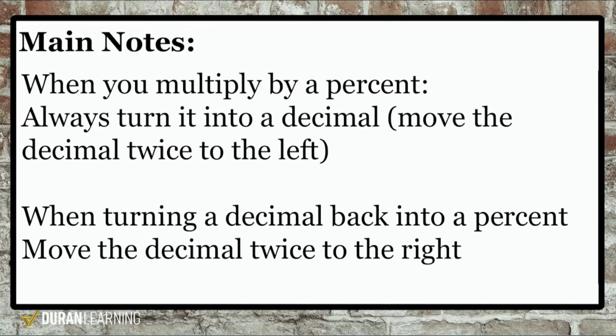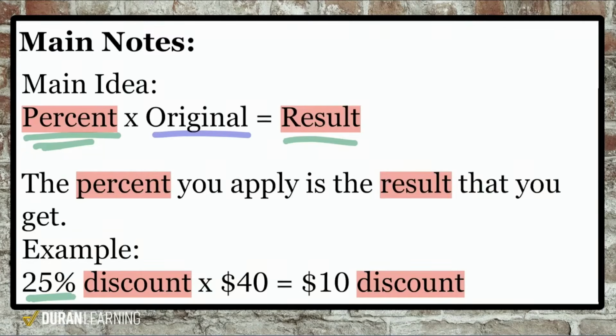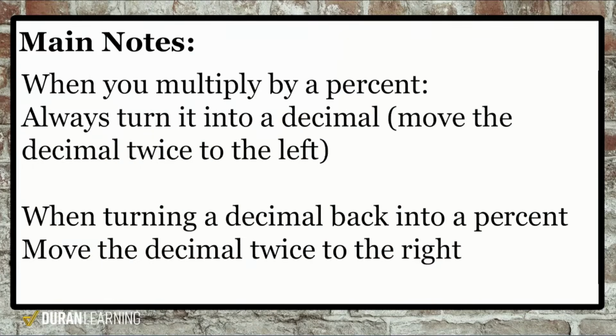So when we're multiplying by a percent, like you see right over here, we've got to turn that percent into a decimal. So what that means is we're going to move the decimal twice to the left. Let me just exemplify that for you. Let me make your life easy with no stress. So let's say I have 25%.